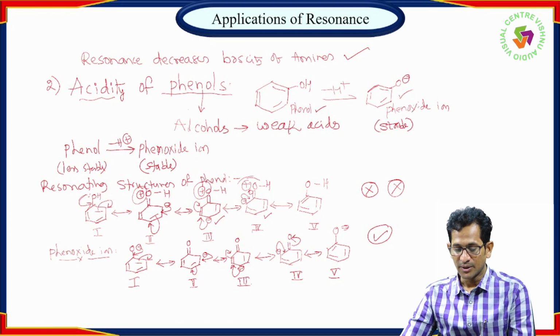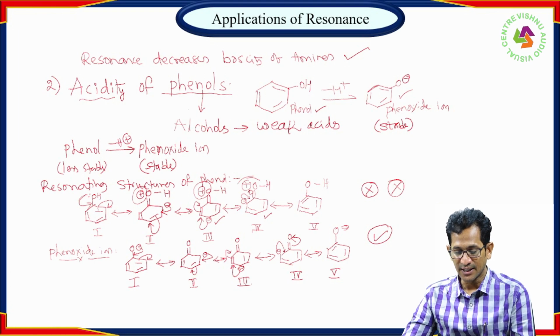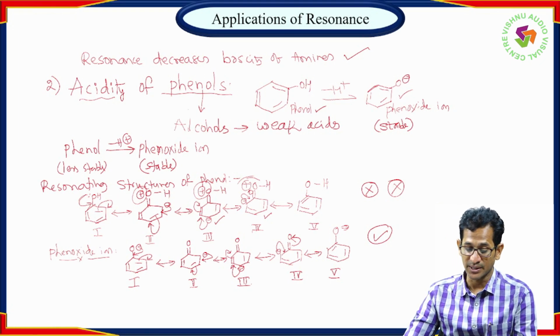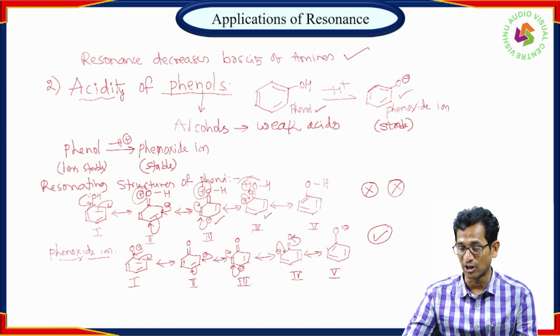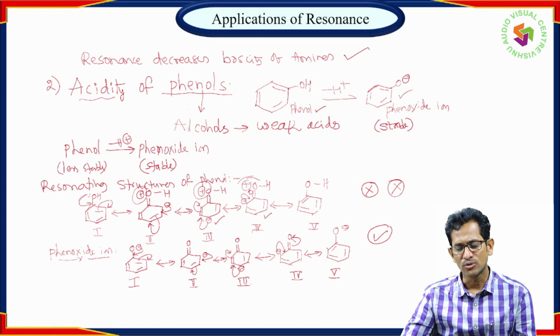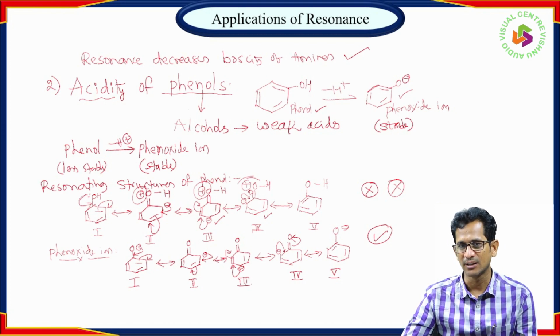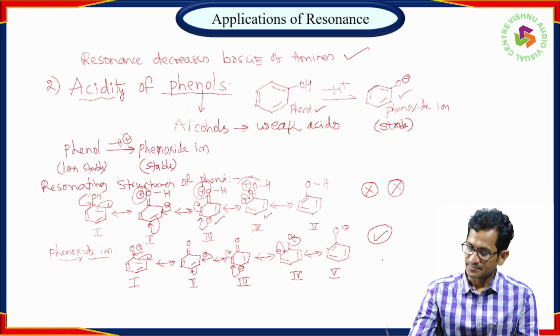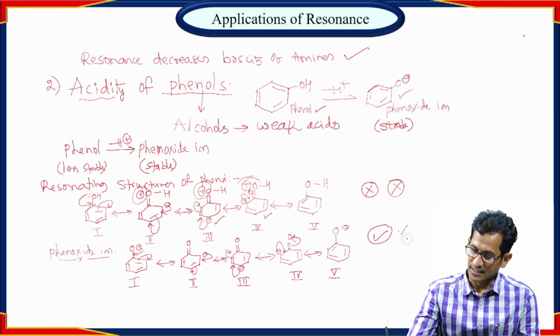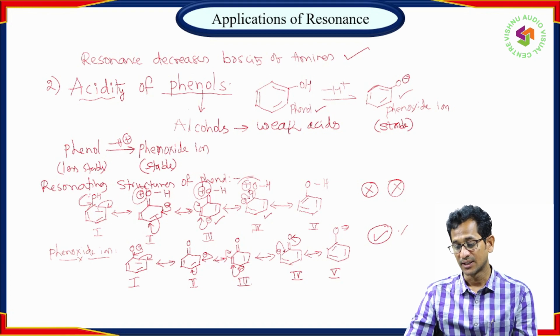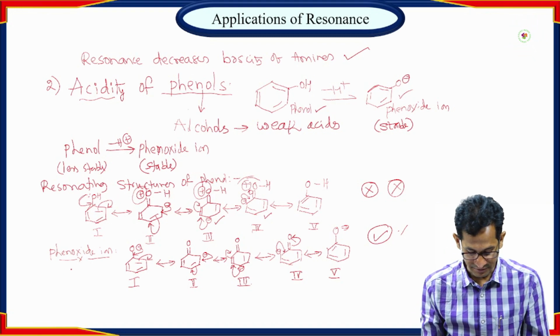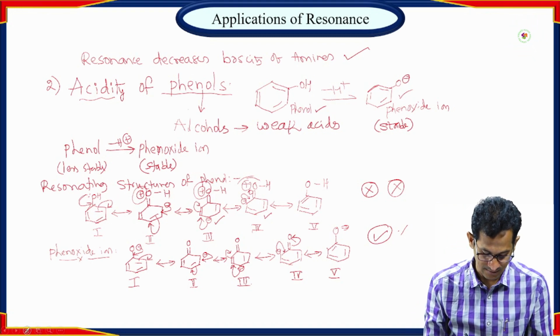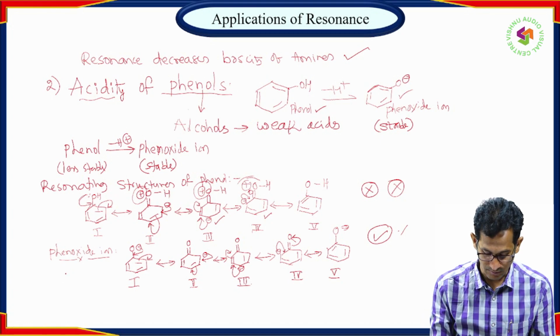Next, coming to the resonating structures of the phenoxide ions. Here the negative charge is present on the oxygen in the first and last, and there is no charge on the oxygen in the remaining resonating structures, right? Here this condition is also satisfied by the phenoxide ion. Hence the phenoxide ion is more stable.